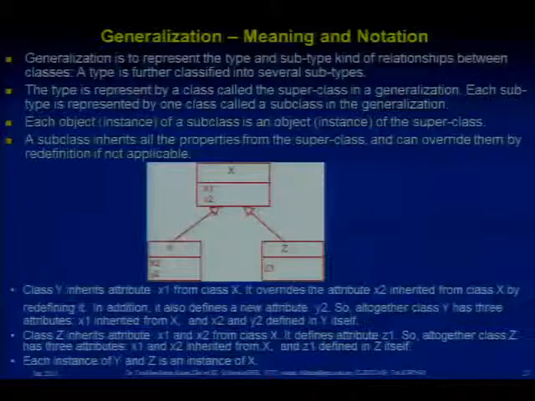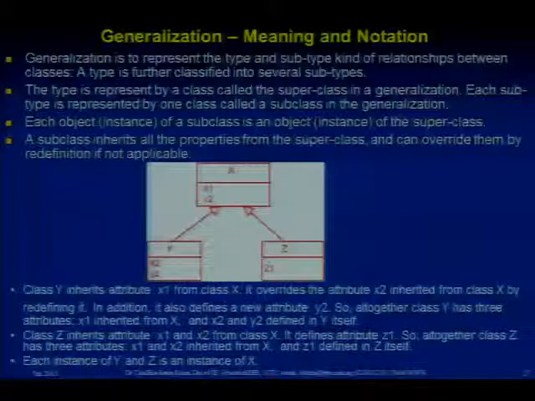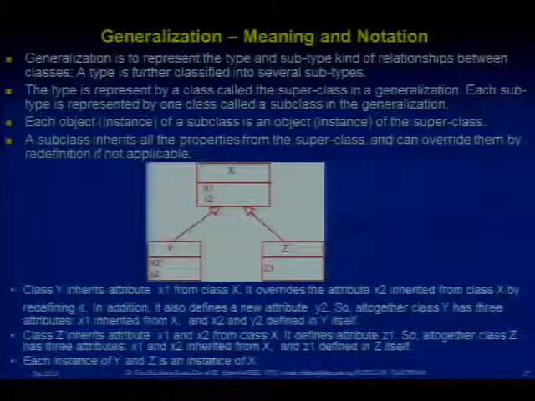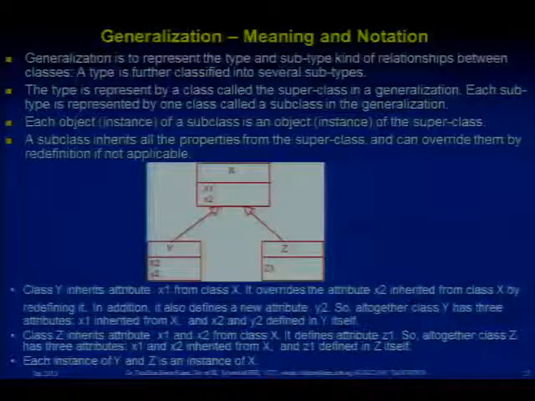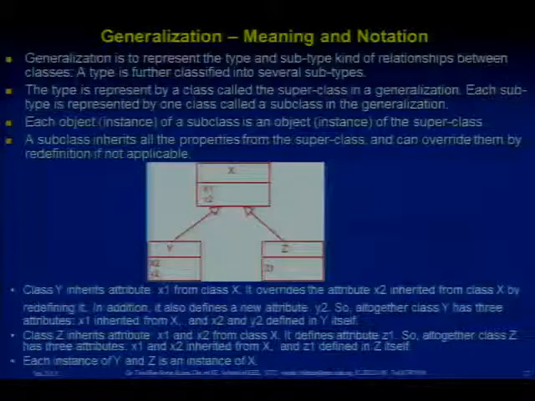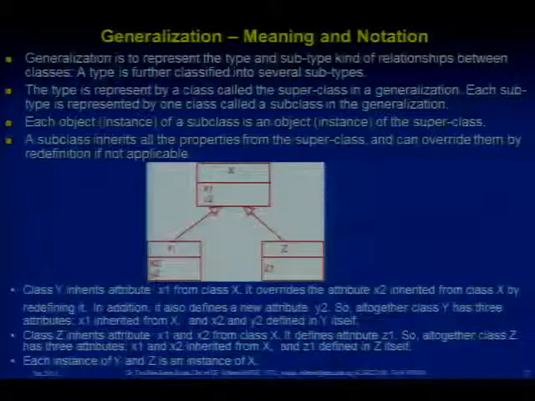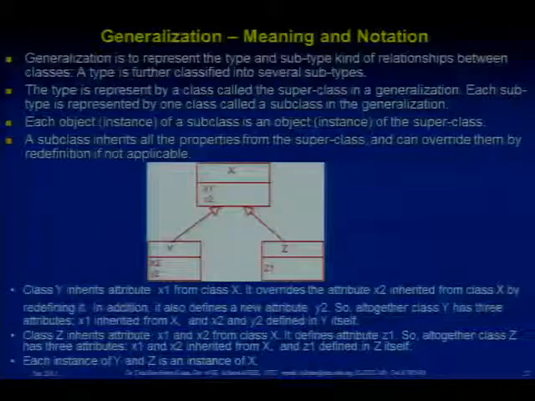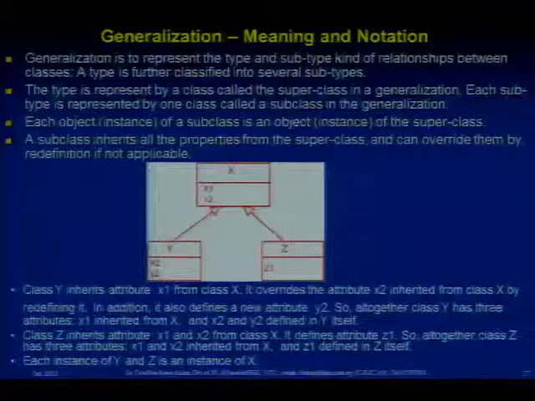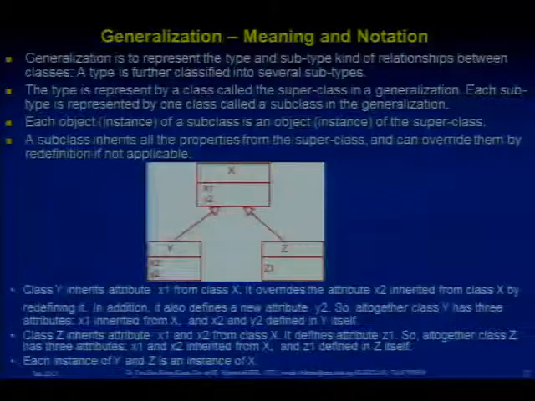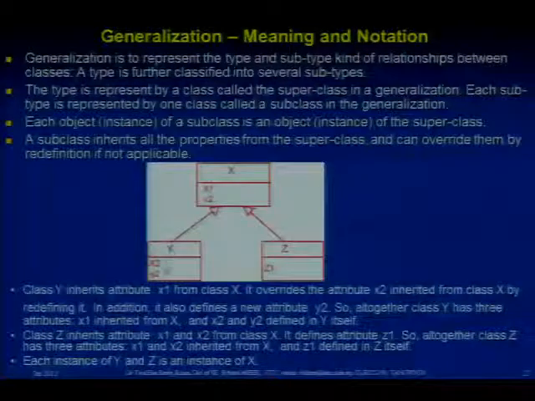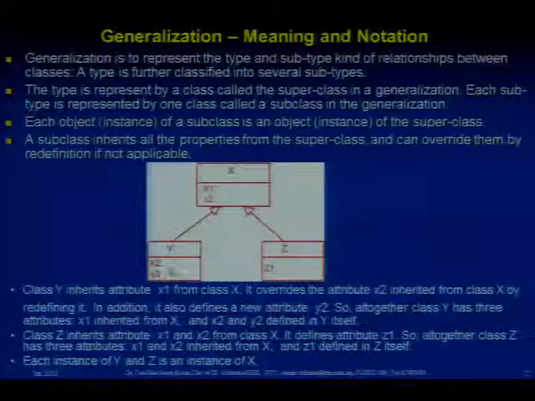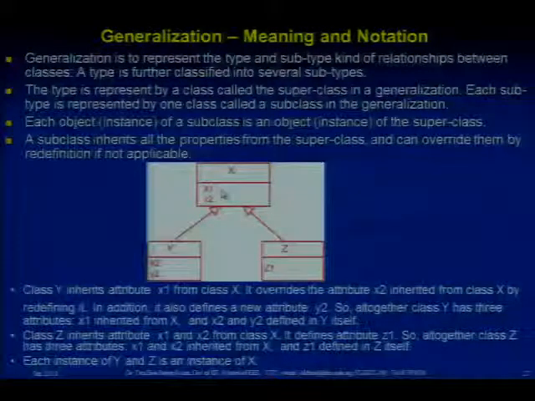Properties of a class means attributes and operations, because inside a class you can define attributes and operations. So by default, every subclass will inherit all the attributes and operations from the superclass.